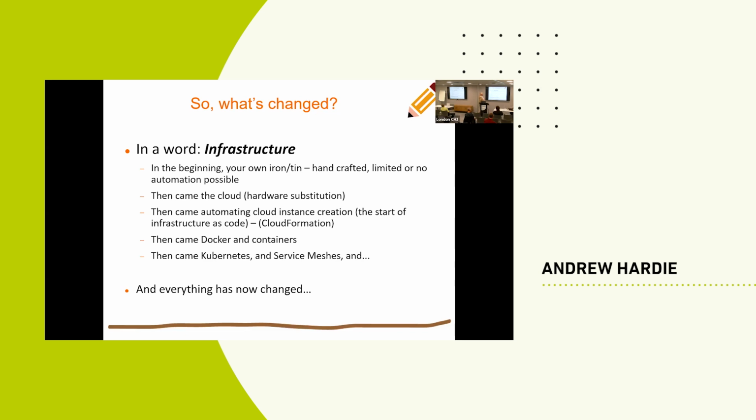Then came automated cloud creation, CloudFormation. CloudFormation is awful, not as bad as it was to begin with, but it's still awful. But it gave you a way of creating VMs, attaching storage and so on in a scripted way, repeatable, reliable, not sitting there with a mouse.